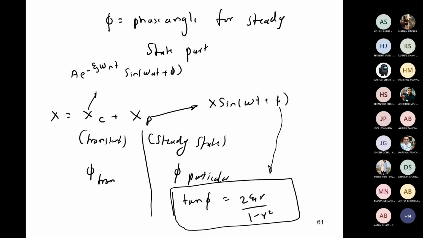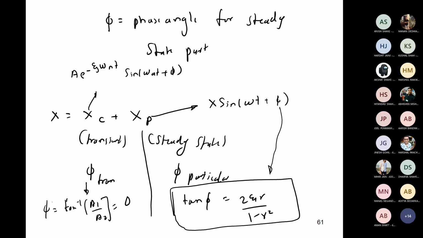What about phi for the transient part? How to calculate that? Phi is the ratio of the complementary amplitudes, phi equal to tan inverse of A1 by A2. A1 will be 0 because initially it is at rest at the 0 position.